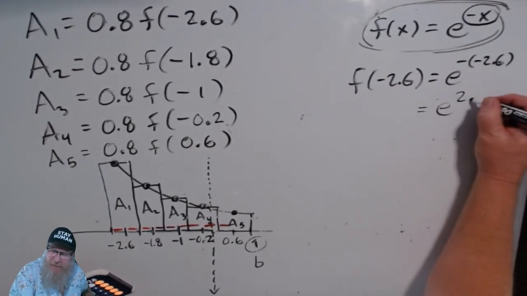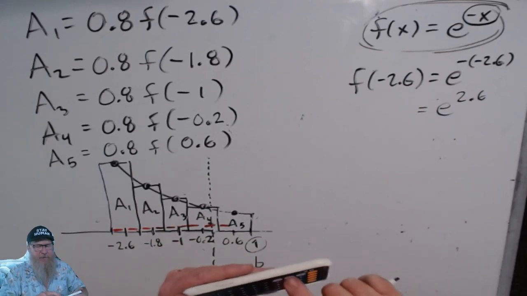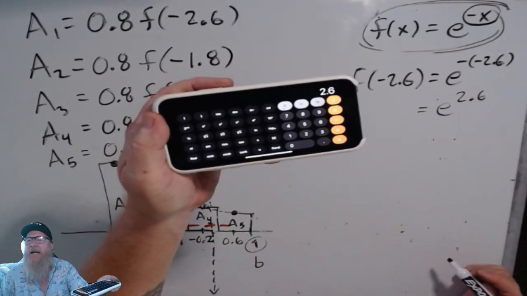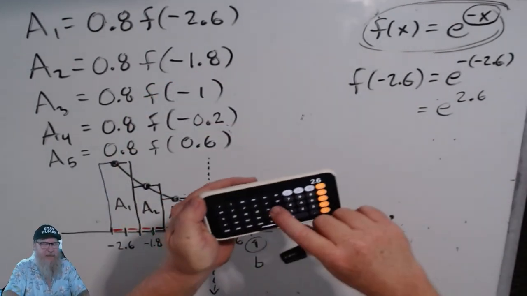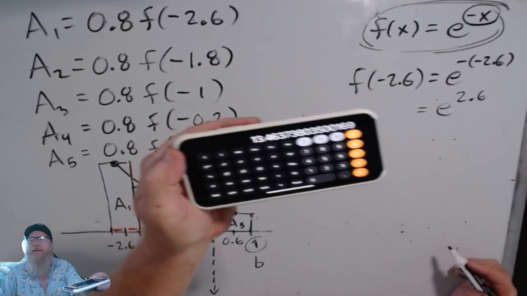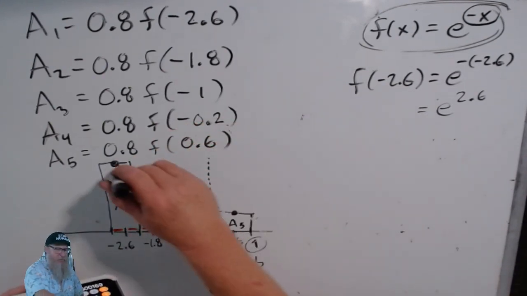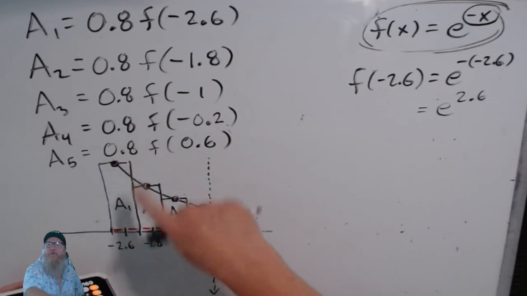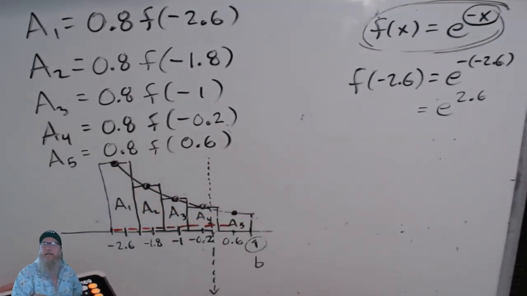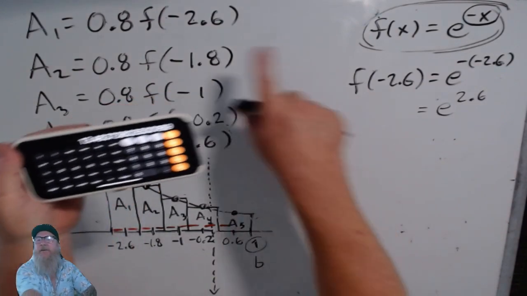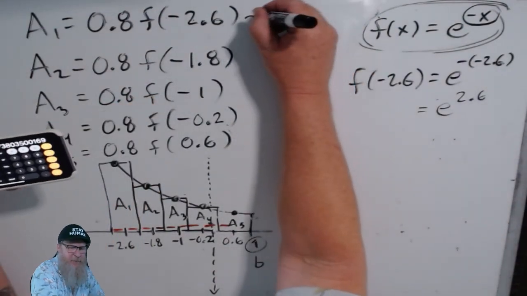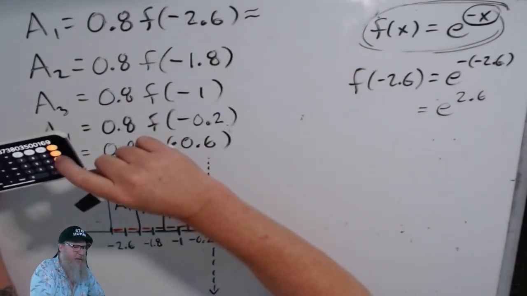So you might as well save yourself a step and just plug in positive 2.6. Then hit your E button. So that's your E. That's where the roof of the first rectangle is. It's the y value. And why don't we just knock it out so I don't have to waste a lot of space here. Multiply that by 0.8.